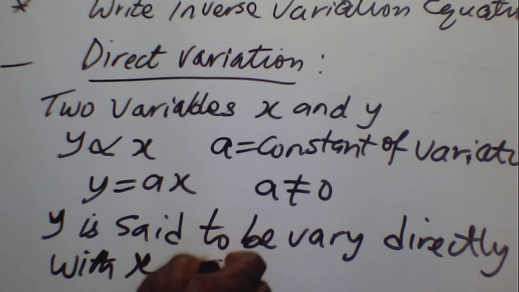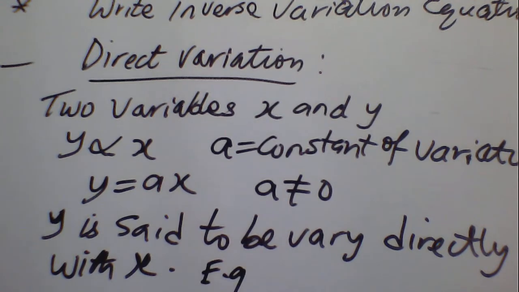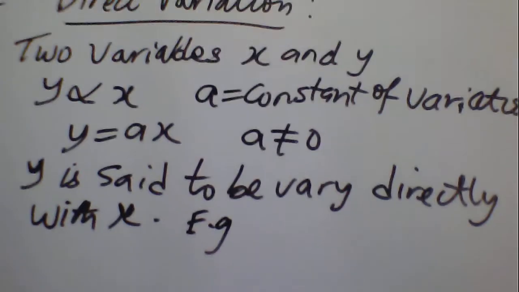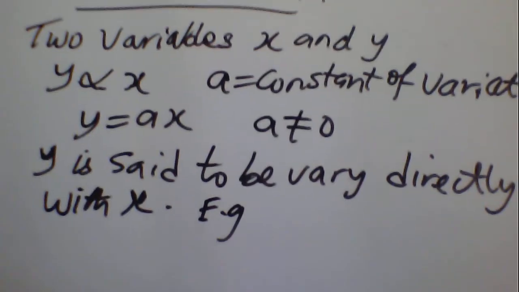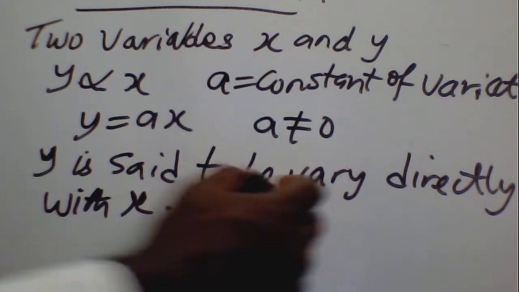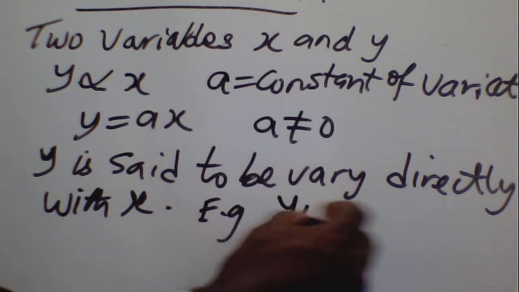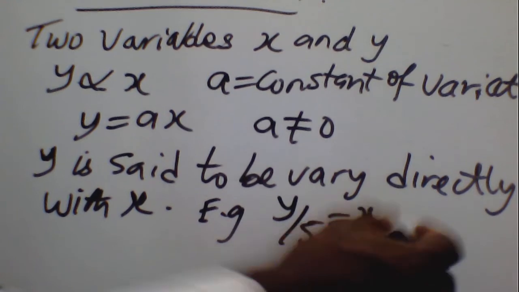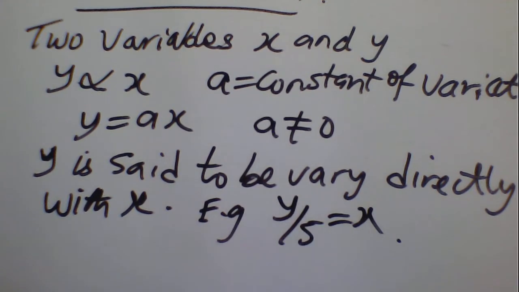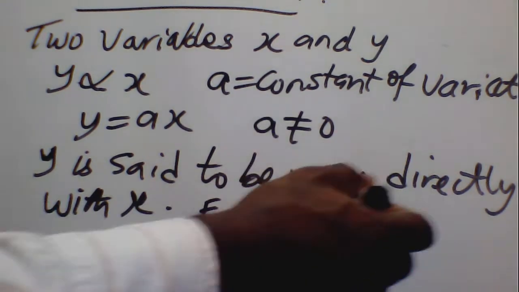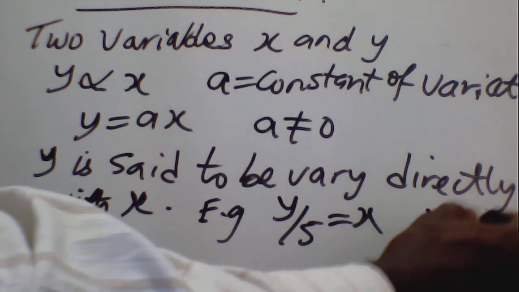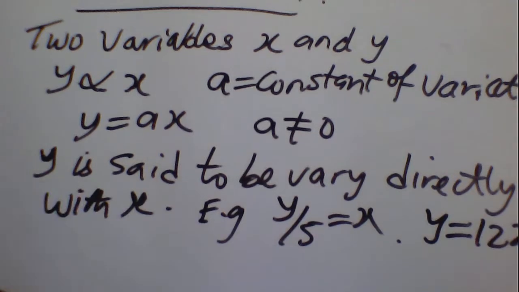An example of direct variation is y over 5 equals x. It can as well be y equals 12x.